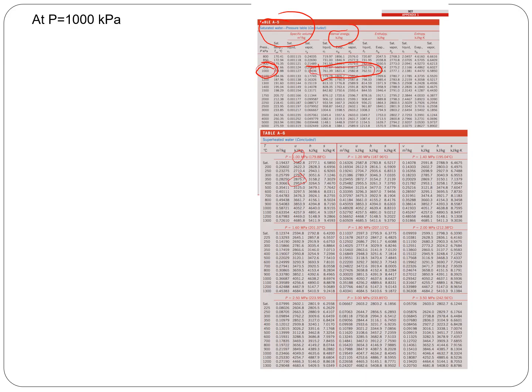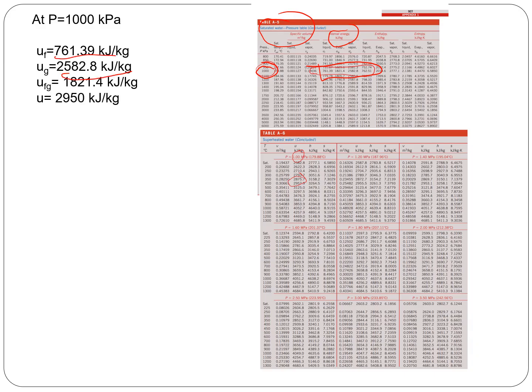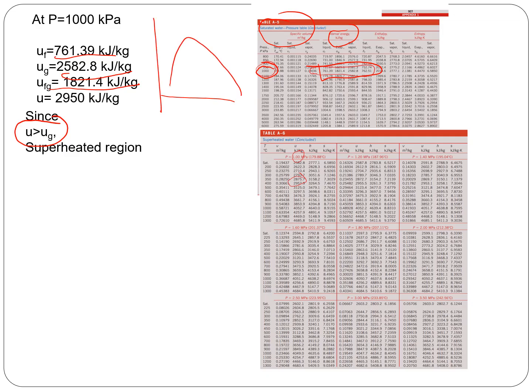Now you need to compare this with the U value. Uf is this one, Ug is this one, and you can see here the value of U is greater than Ug. In the T-v diagram, U is greater than Ug, which means it is a superheated region.